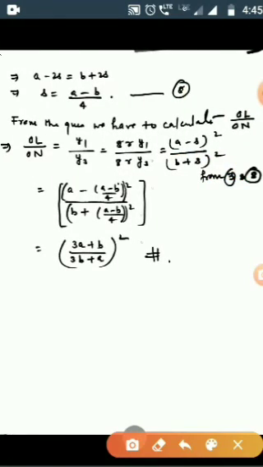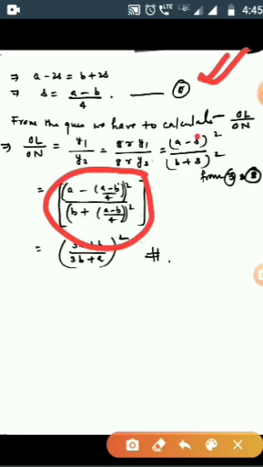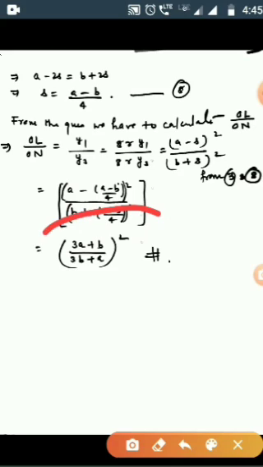Now we put the value of s from equation number 8. So we have (a minus (a minus b) by 4) whole square upon (b plus (a minus b) by 4) whole square, and after calculation we have (3a plus b) whole square upon (3b plus a) whole square.